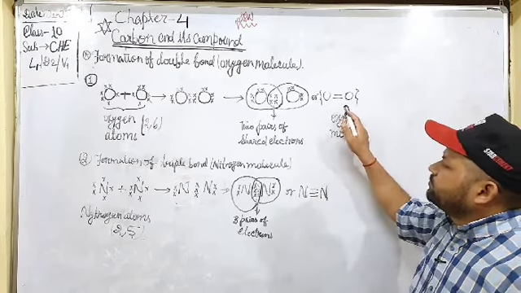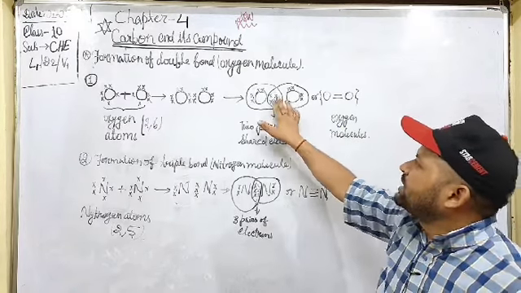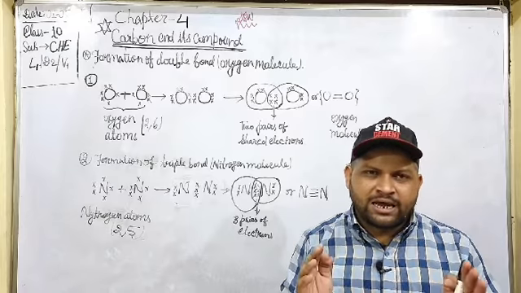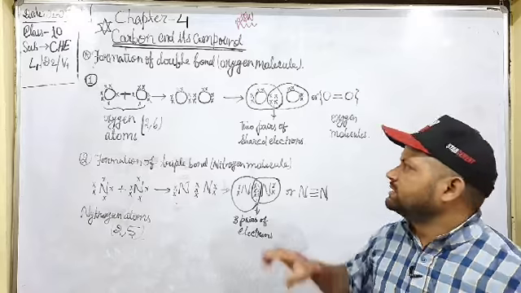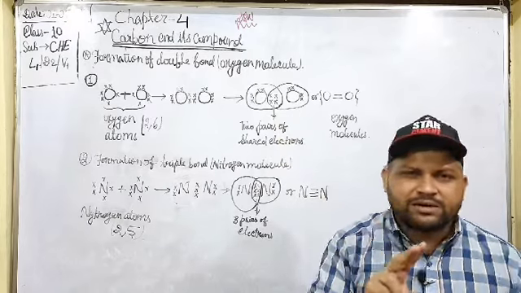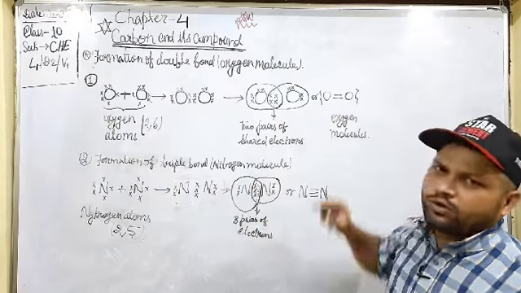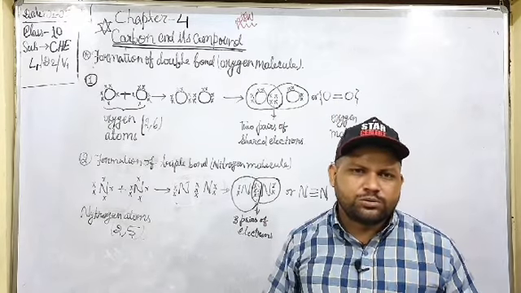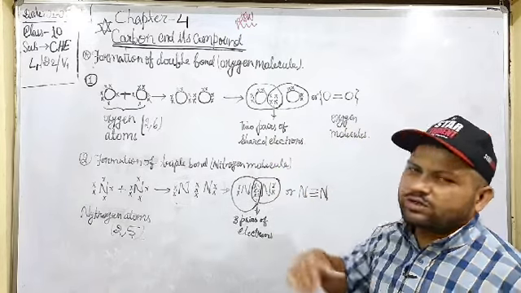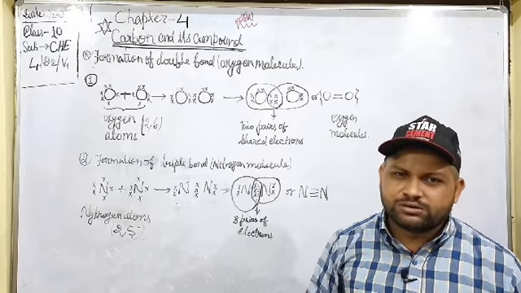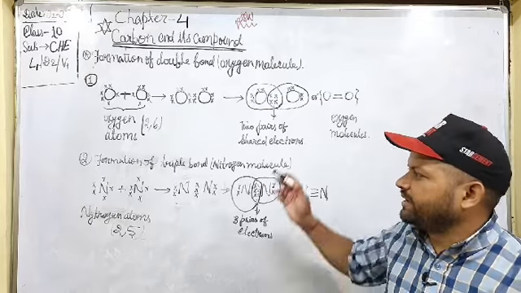That's why the formation of oxygen molecules takes place, and when 2 electrons are shared, then one single bond is formed. Here 4 electrons are shared by 2 oxygen atoms. That's why the formation of double bond takes place. Also, you should remember all these things and try to explain in your own language, so that you can understand more and more from it.